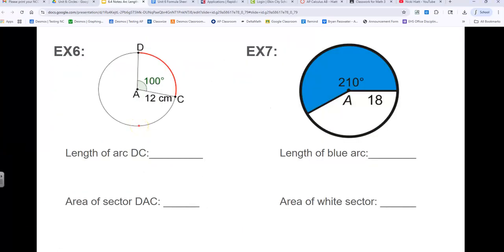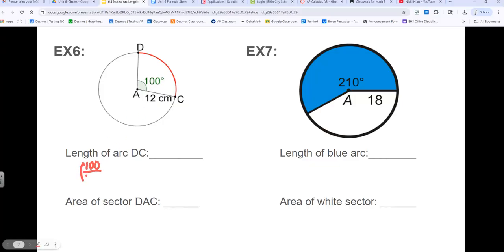All right. So let's just do a few more examples to make sure that we've got this down. So in example 6, I'm looking for the length of arc DC. That's indicated with the red right here in the picture. So if it's arc length, we need the fraction of the circle times the circumference. So in this case, my central angle is 100.